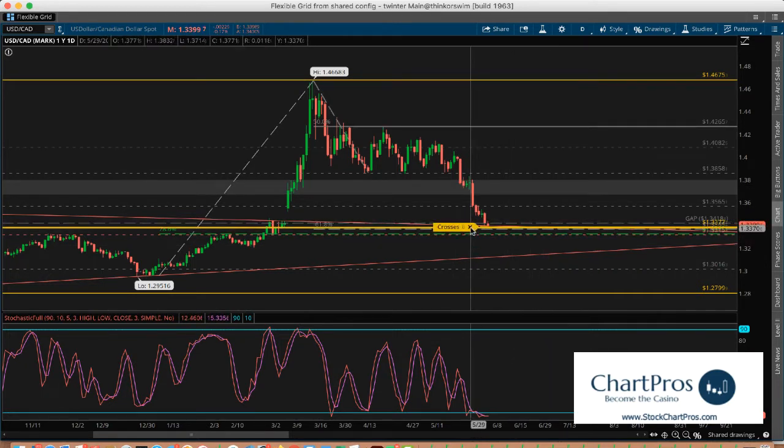I have an alert for the area that I'm looking for just so it can get my attention. And what I'm looking to do is I'm looking for a test of this 78.6 retracement. And just from a trade management standpoint, we see there's a little piece of structure right down here.